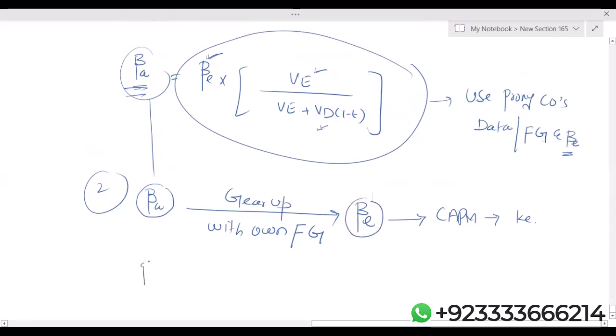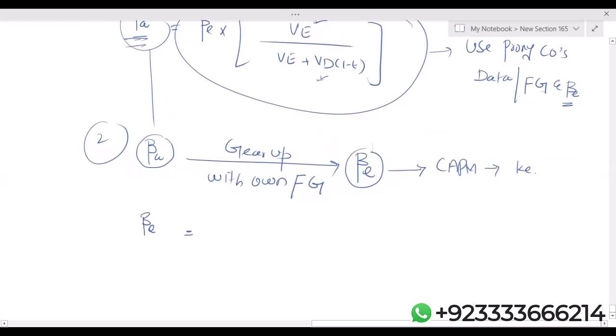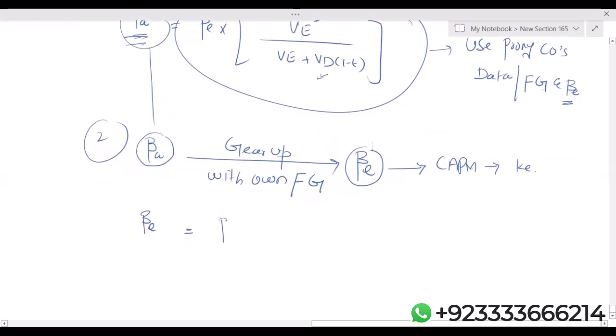Look at this. Beta equity is equal to beta asset multiply by market value equity plus market value debt (1 minus x) divided by market value equity.